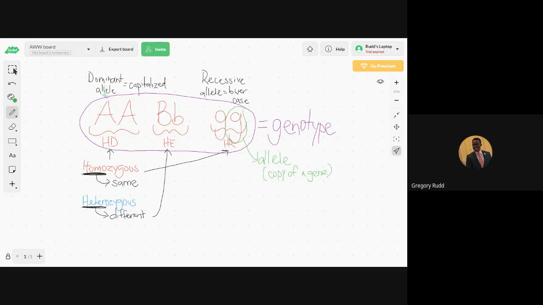Homozygous dominant has two capitalized alleles, two big letters. Heterozygous has a capital letter and a lowercase letter. And homozygous recessive has two lowercase letters. And when I say letters, what I'm talking about is an allele. Every letter is an allele, a copy of a gene.